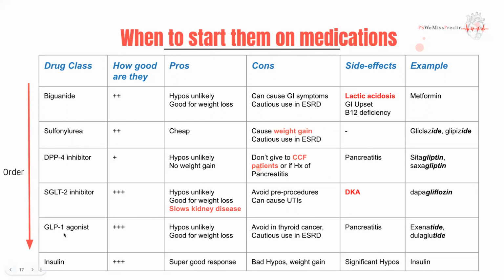Then GLP-1s, because GLP-1s are injectables, and injectables are sometimes hard to use. And then if all else fails, we start them on insulin. So insulin is obviously great, good response, can cause hypoglycemic episodes, causes weight gain. So that's important to know. I hope that made sense.